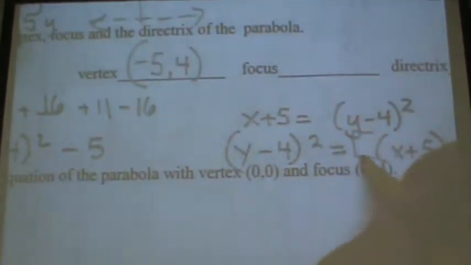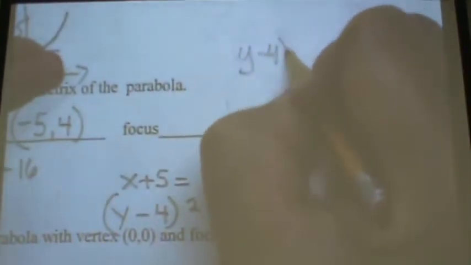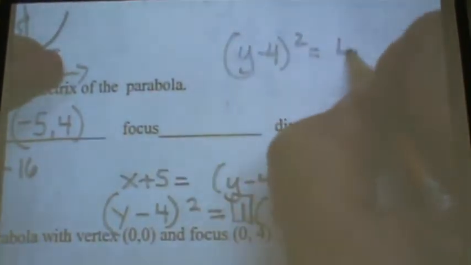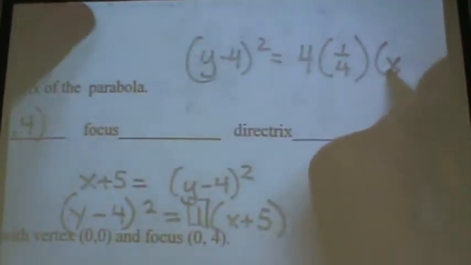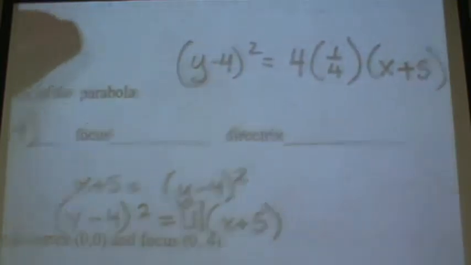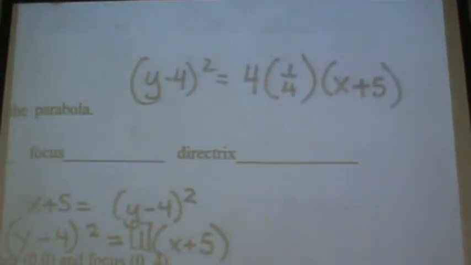What number is in front of here right now? It's a 1. So how am I going to pull a 4 out with a 1 here? What's my p-value going to be? One-fourth. So now, what does this thing look like if I were to graph it?